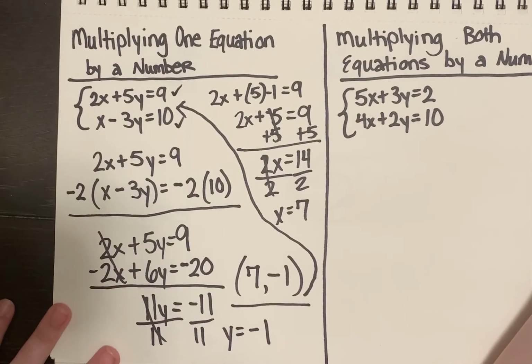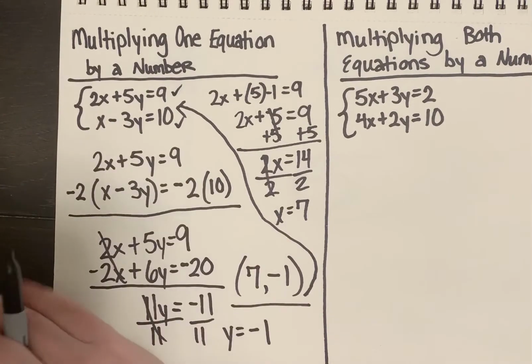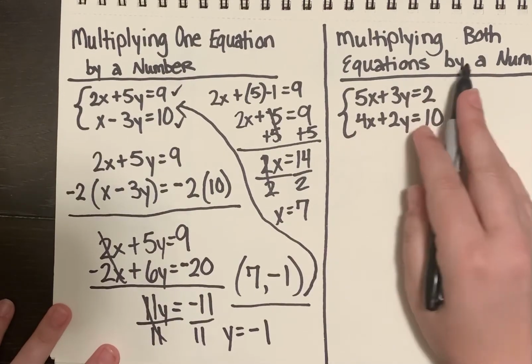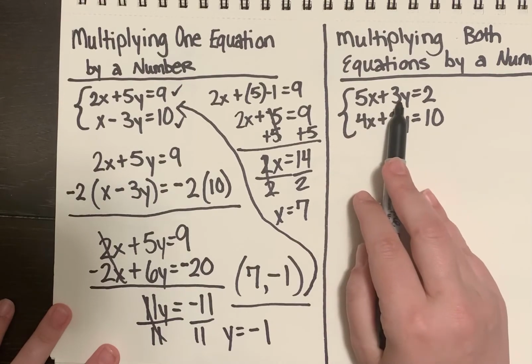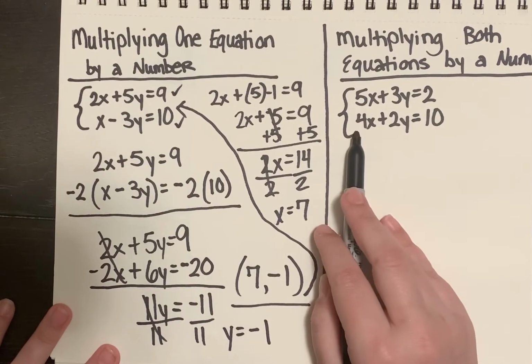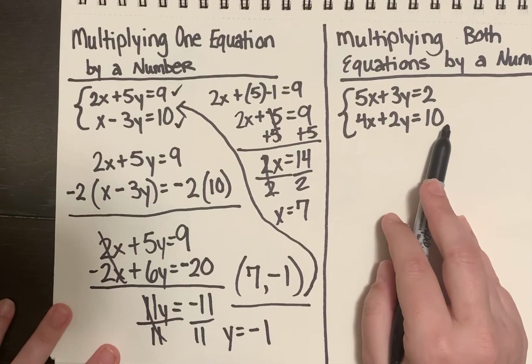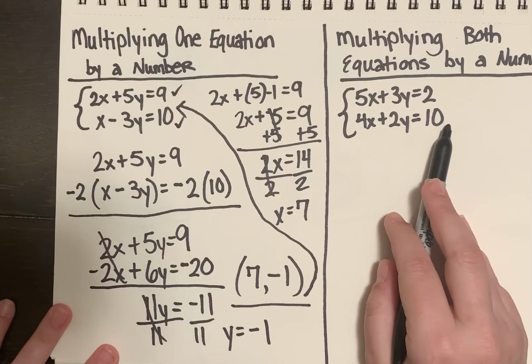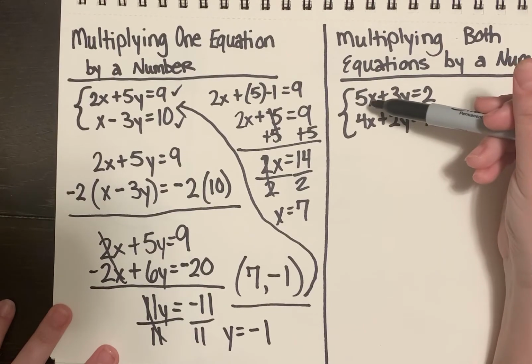Okay. Now, sometimes it's not going to be that easy where you can just see, oh, negative 2 would eliminate that. Sometimes you're actually going to have to do a little bit more and multiply both equations by a number. For this set, we have 5x plus 3y equals 2, and 4x plus 2y equals 10. What you're going to do is find the least common multiple of 4 and 5, which hopefully you know is 20.